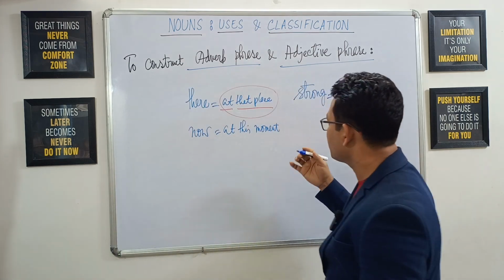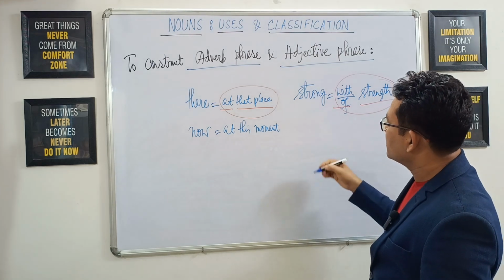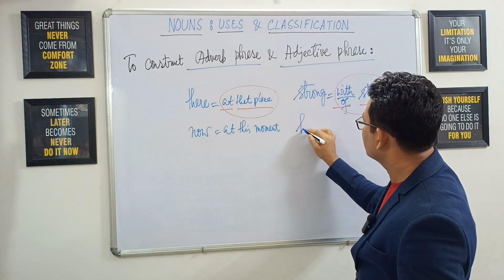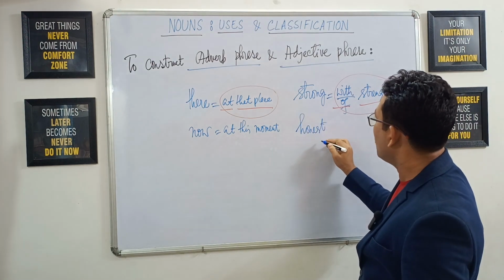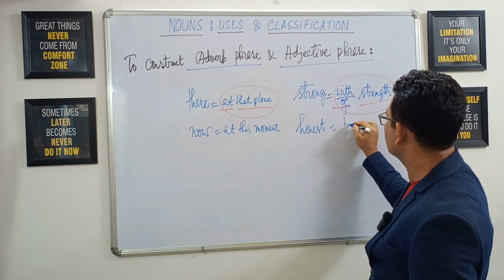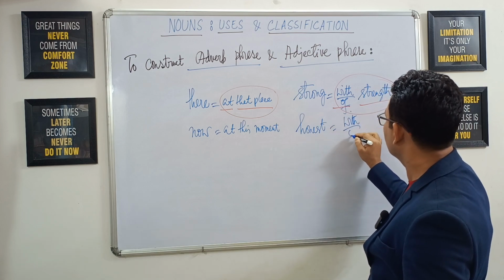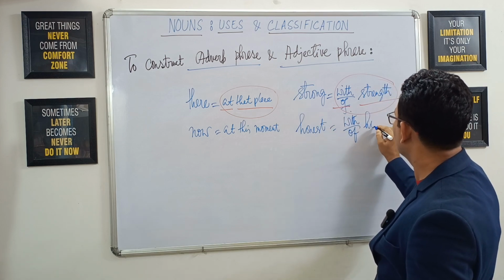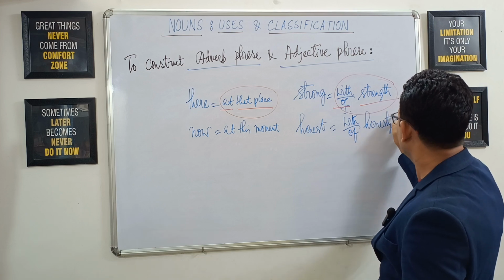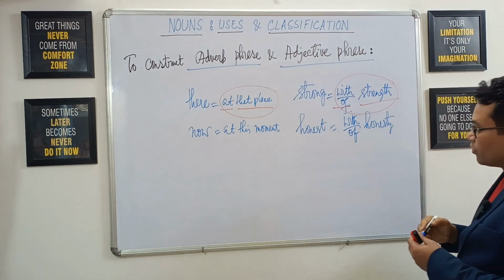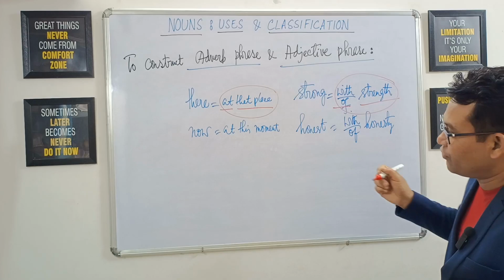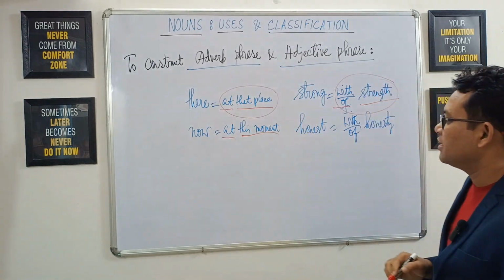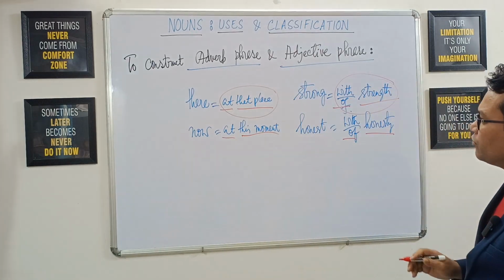at this moment, and here say honest means with or of honesty. You see the same pattern follows: preposition plus noun phrase, preposition plus noun.